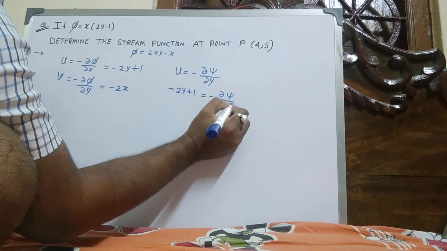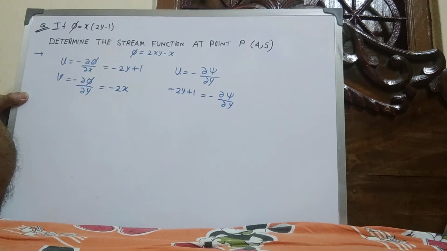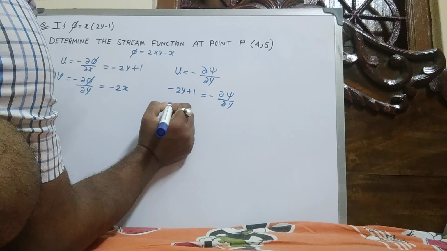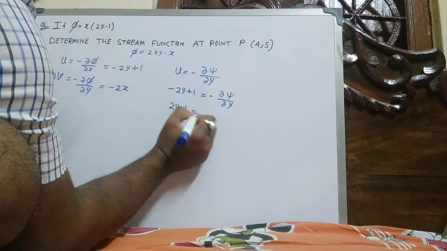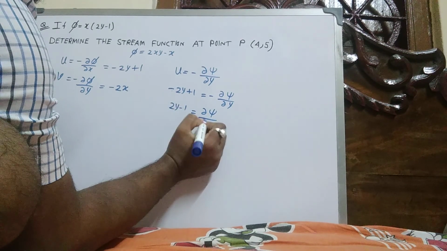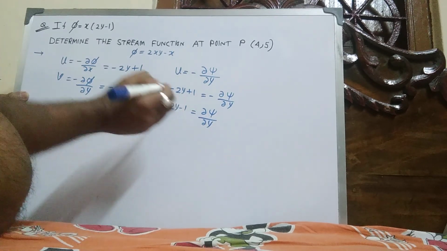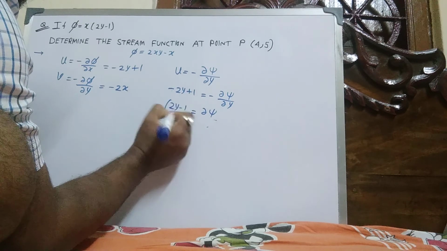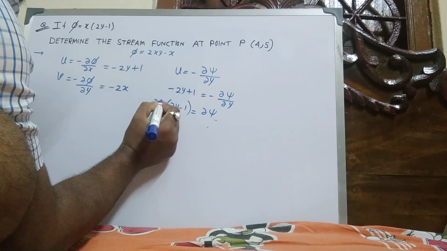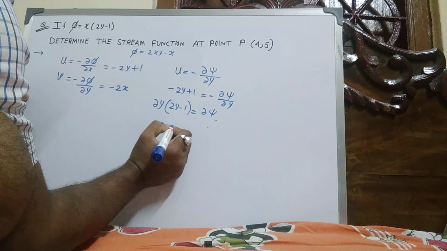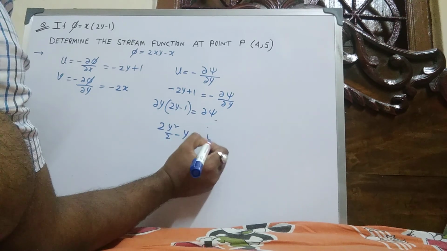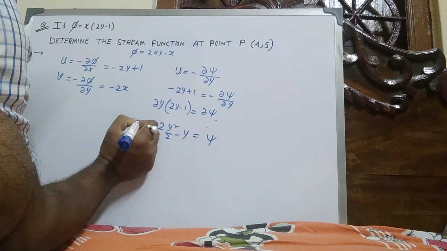So the u value is 2y minus 1, equal to d psi by dy. Integrating both of them, y square by 2 minus y equals psi plus c.